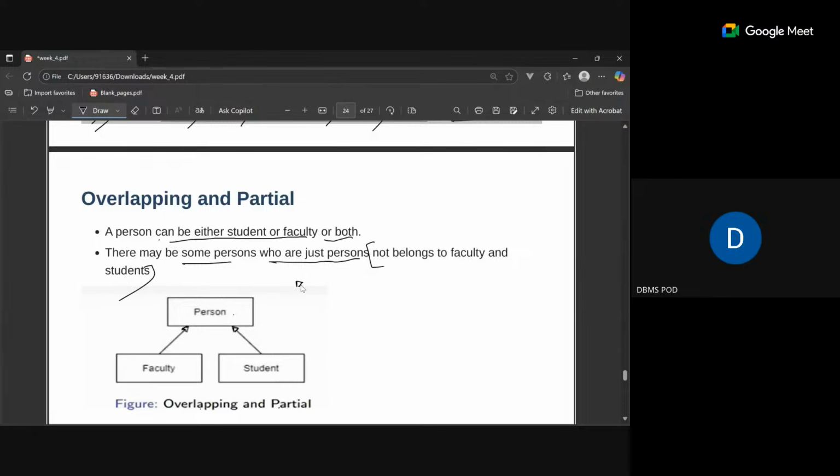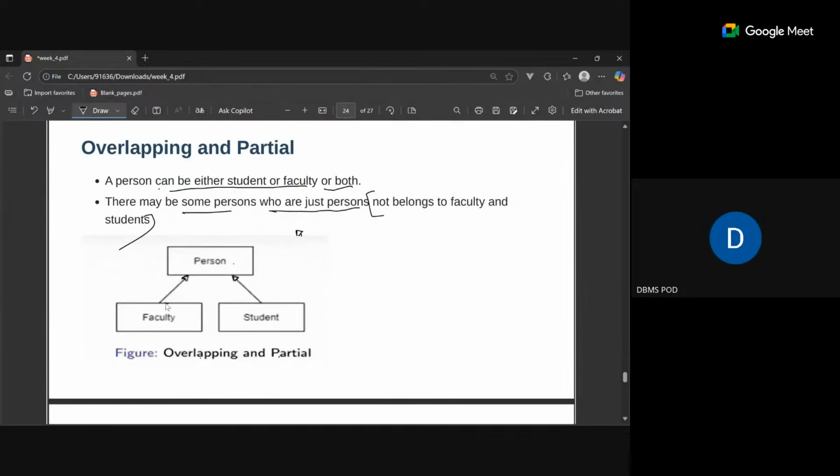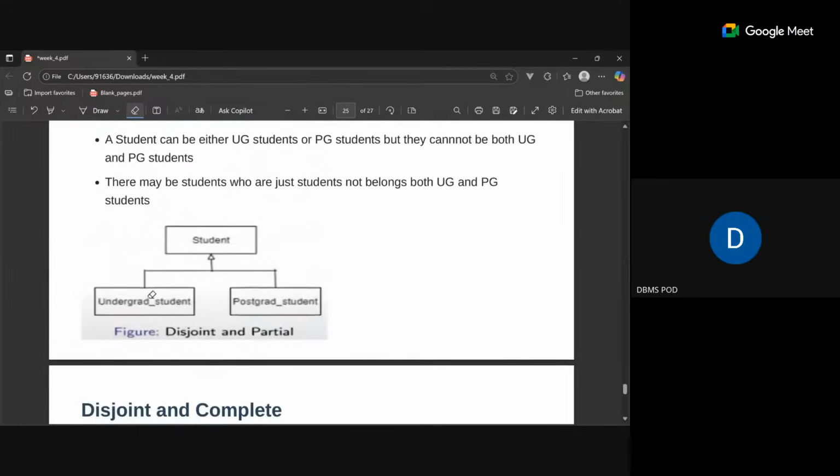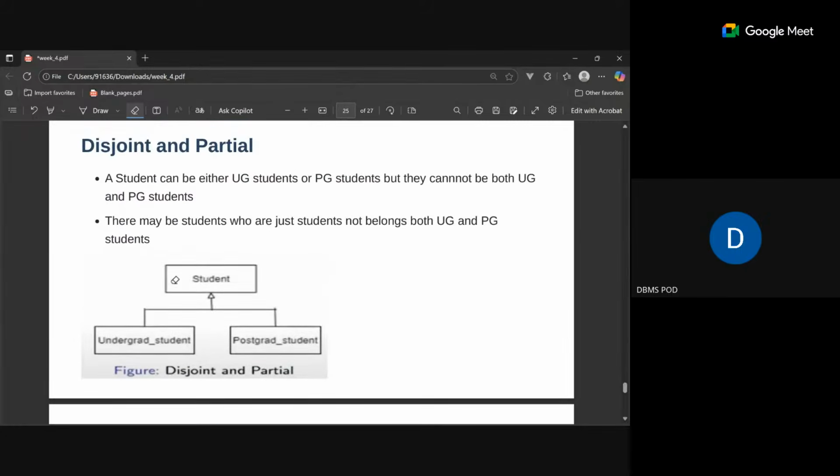So this is how you represent the partial relationship between them. Since it doesn't have anything common between, it's just overlapping. And coming to the next one, disjoint and partial. Since it has both, a student can be just a student, or they can be an undergraduate student or postgraduate student, right?